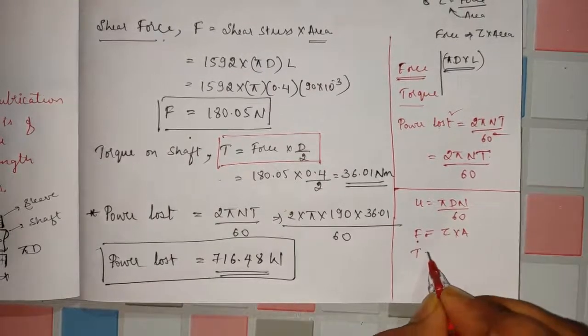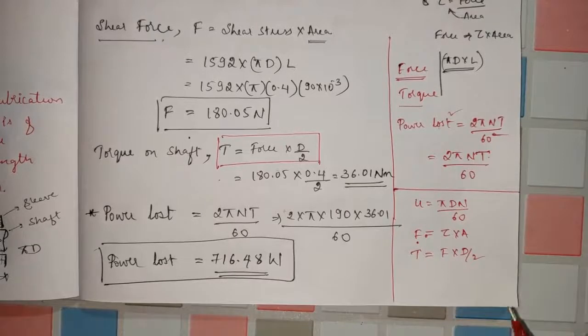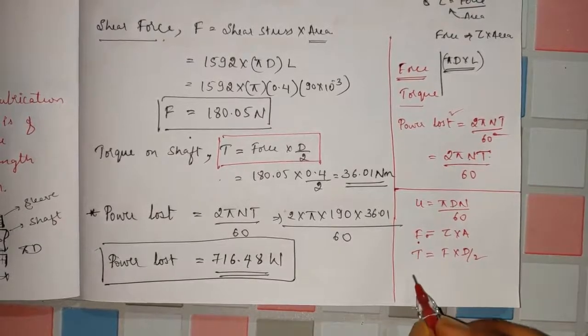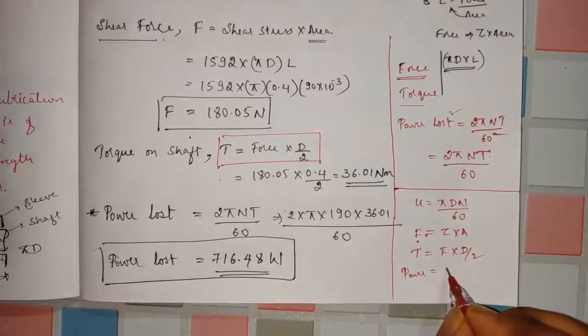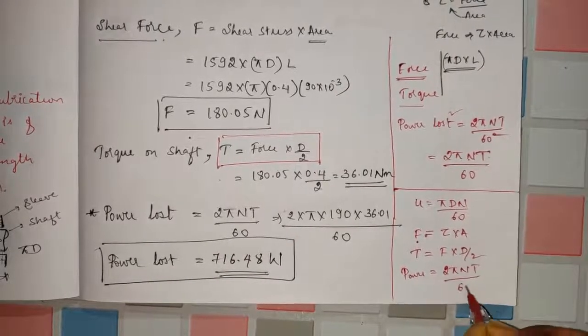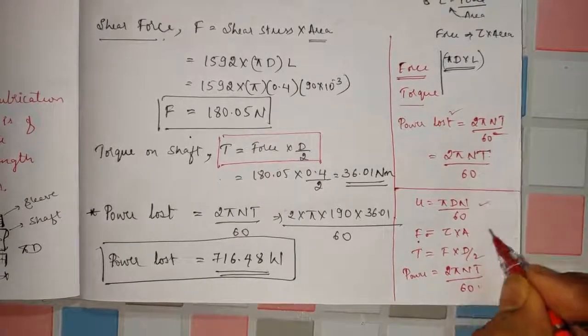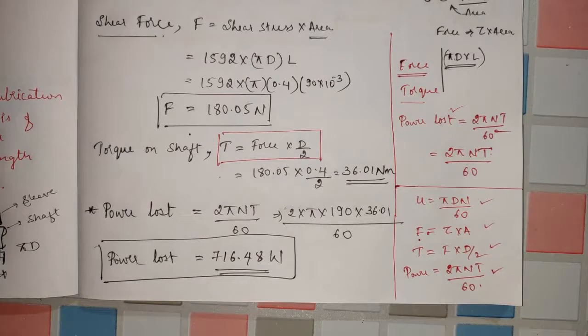To calculate torque. Torque is nothing but force into d by 2. So once I get the torque, the power lost is 2 pi nT divided by 60. If you follow these 4 points, your answer is solved. Theoretically you just simplify one by one, you will get the answer.